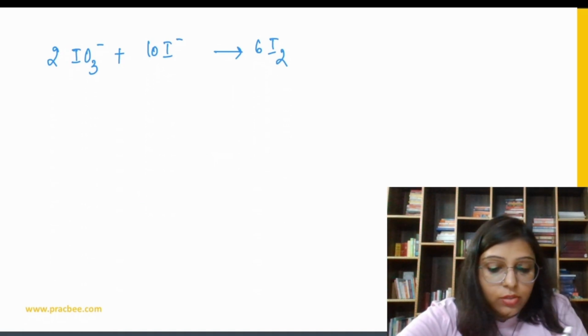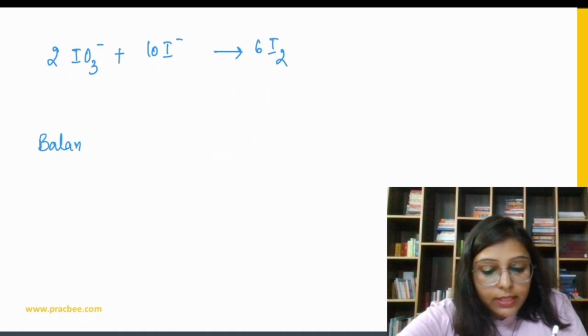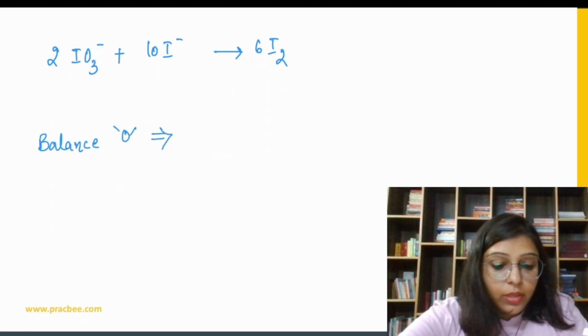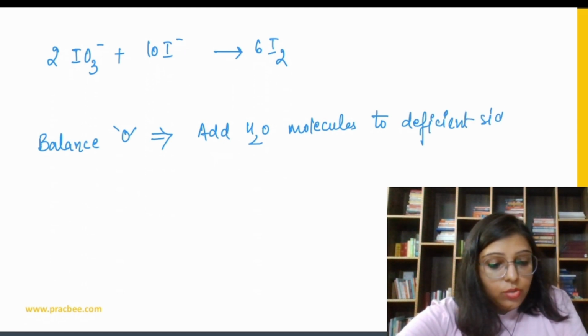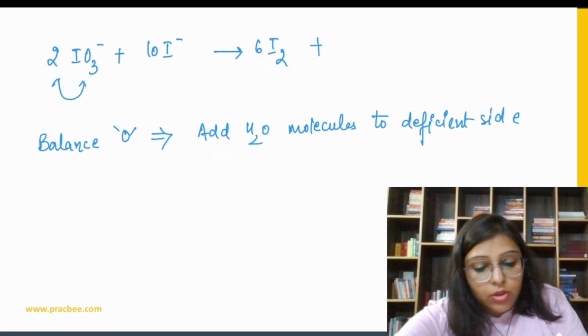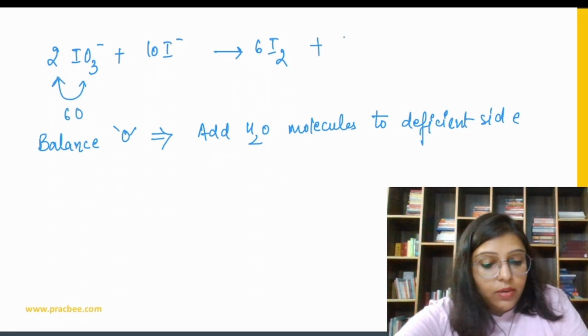Next step is to balance oxygen atoms. In acidic medium, if we want to balance oxygen atoms, add water molecules to the deficient side. So here how much? 6 oxygen. So it means here we write 6H2O.